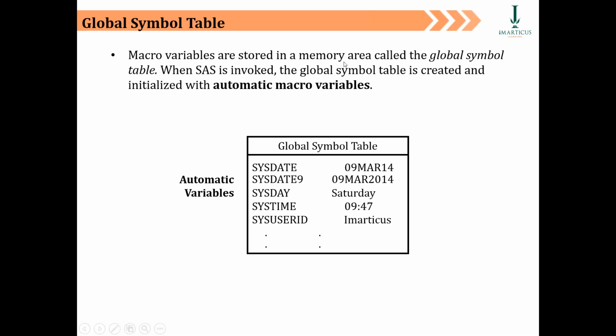Macro variables are stored in a memory called the global symbol table. When SAS is invoked, the global symbol table is created and initialized with automatic macro variables.